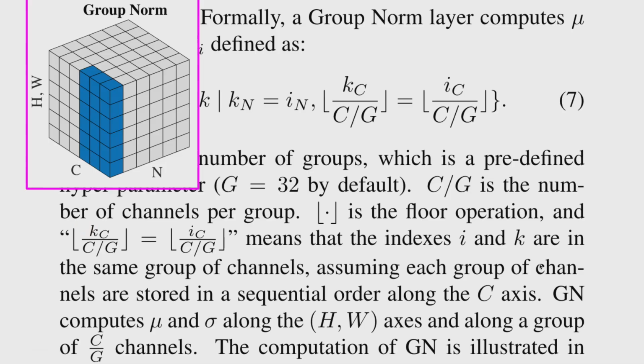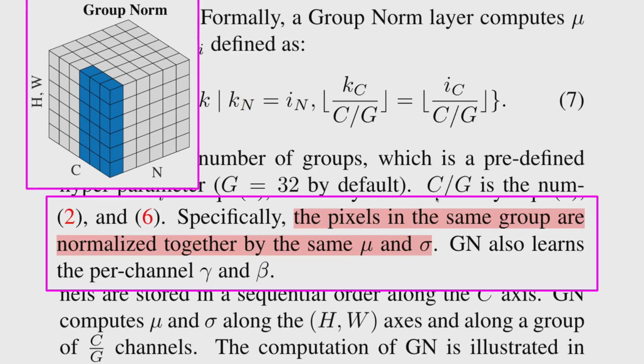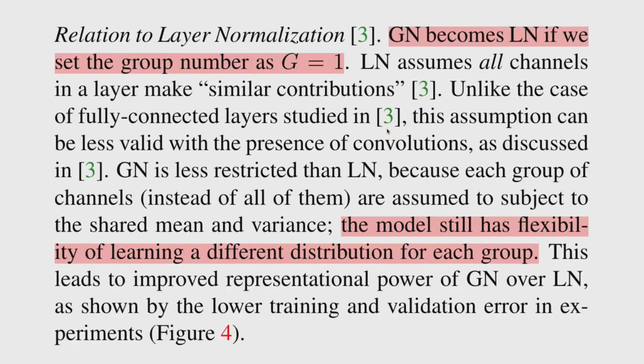So again, assuming each group of channels are stored in a sequential order, we're going in a sequential order down the C axis, 3 channels at a time. And then we are taking the mean and variance of all the pixels in this 3-channel group for a single image. The pixels in the same group are normalized together by the same mu and sigma. So again, single image, multiple channels, all the pixels in the image. Group normalization also learns the per channel gamma and beta, as the other ones do as well.